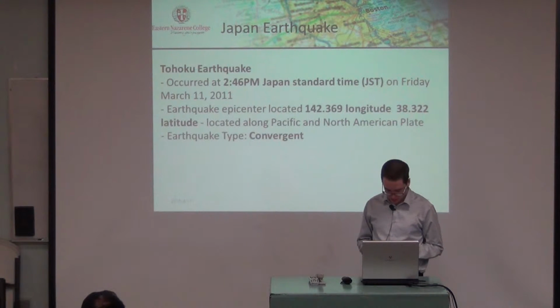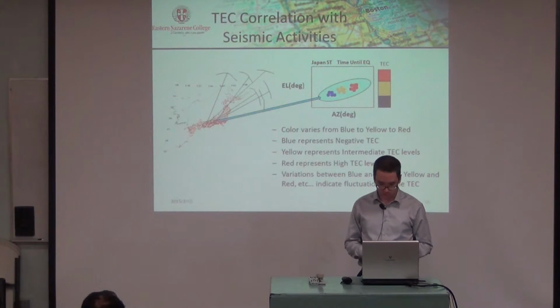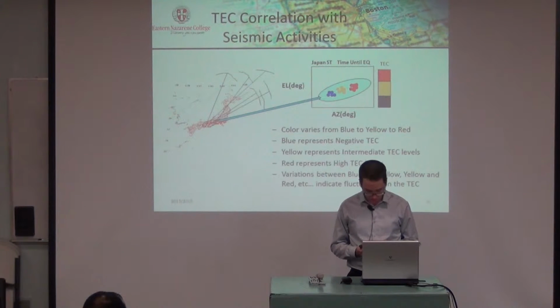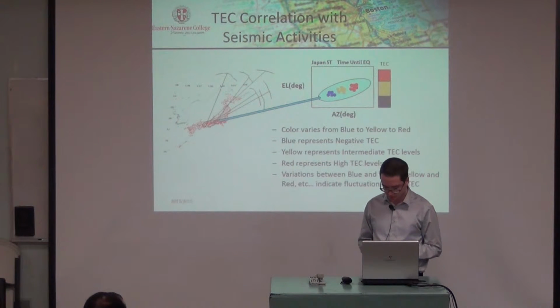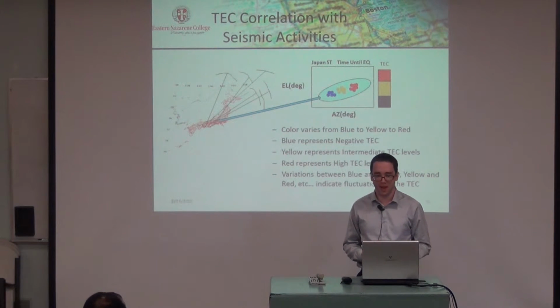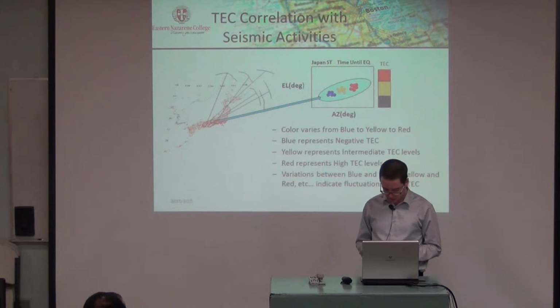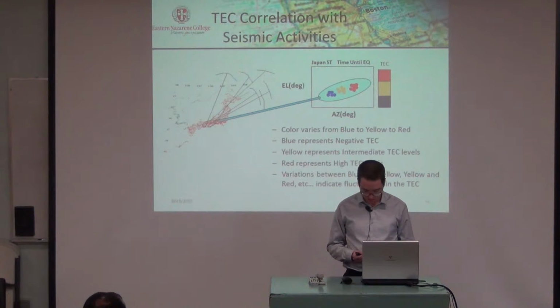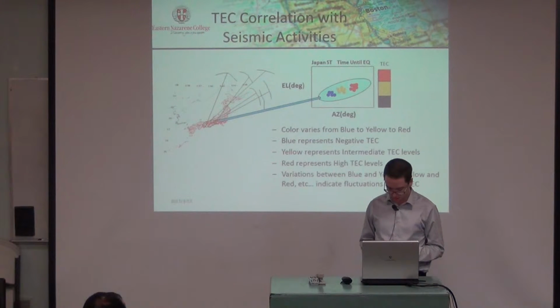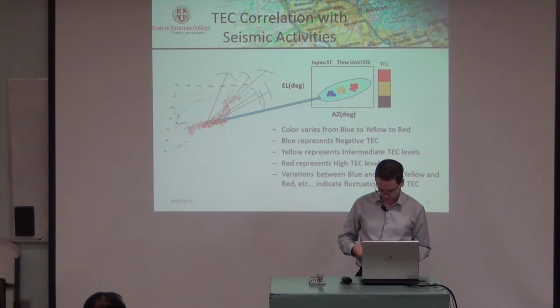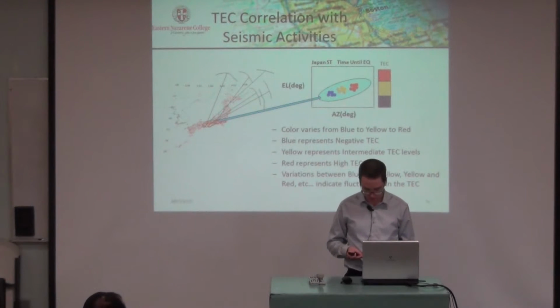So now what I've done is to look at the data from about 90 receivers around the time of the Japan earthquake. I wanted to see if there would be any disturbances in the TEC. The picture you are looking at explains what I'm going to display.